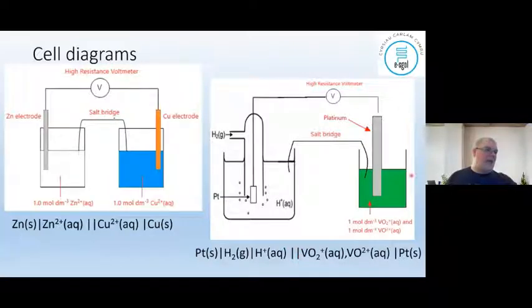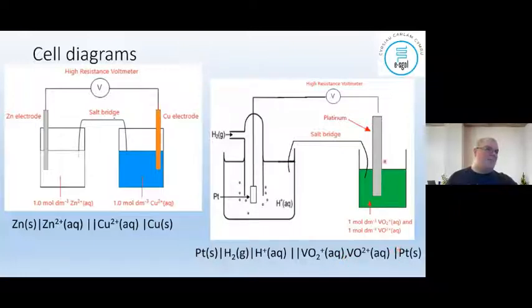Now for the aqueous electrode, we have both of our species, both the oxidized form, which is closer to the salt bridge, and the reduced form in the aqueous phase. So rather than separating them with a phase boundary line, we separate them with a comma to show that they are in the same phase.